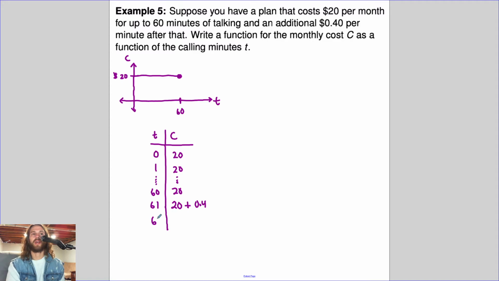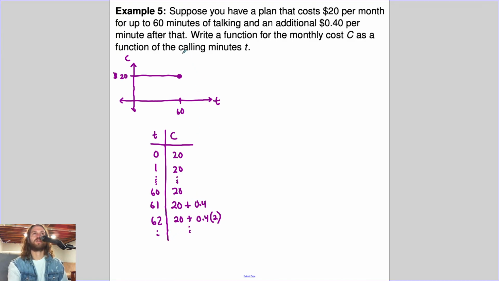All right, how about at 62 minutes? It's going to be $20 plus 0.42, right? Because you're multiplying by the number of minutes after 60 in this case. So this process repeats, and it continues like that.